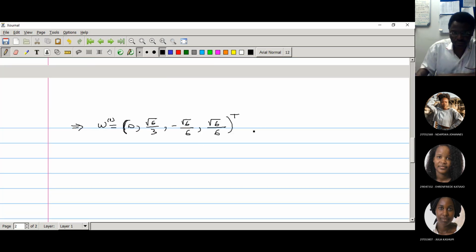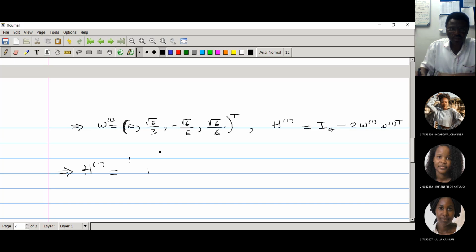Now, our H1, we know that H1 is the identity, that is because we are in R4, minus 2 W1 W1 transpose. This is a matrix, so we need to form that matrix. So we compute our H1, which is we take the 4 by 4 identity, 1, 2, 3, 4. Okay, I don't want to write a very big identity.